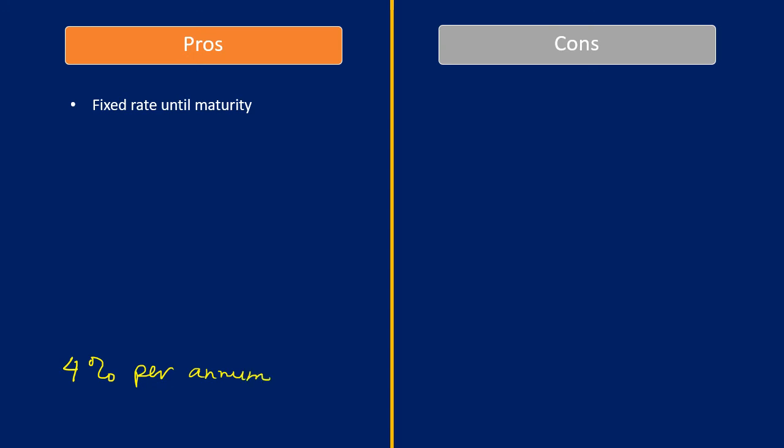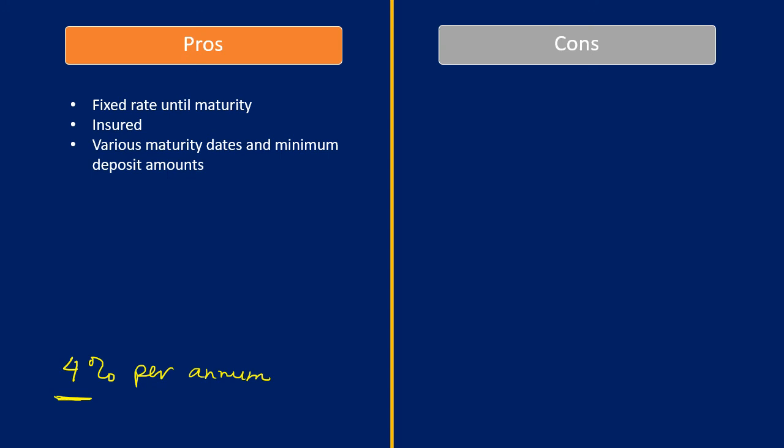Regardless of what happens to the economy, you will always get 4%. Unlike with savings account, the rate can fall. All right, it depends on the economy. Second, of course, as I have mentioned earlier, it is also insured, just like the savings account, and you can also choose from various maturity dates and minimum deposit amount.